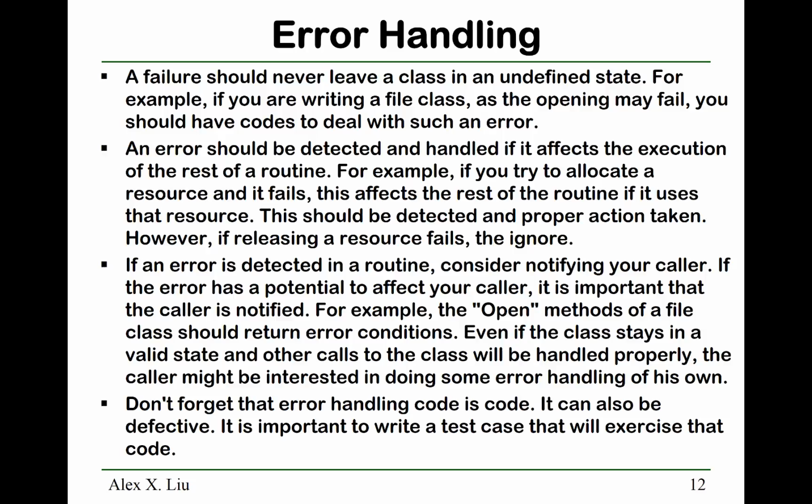For example, if you try to open a file and the rest of the code depends on whether you can open this file or not, then if it fails, you definitely need to deal with it. But sometimes for some errors, say you're releasing a resource, and if that fails, then you can ignore it.